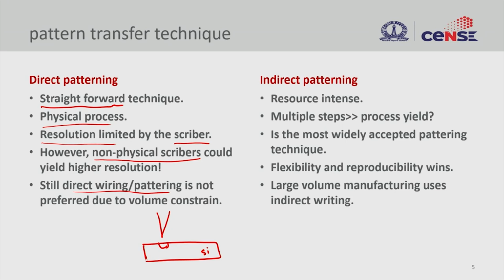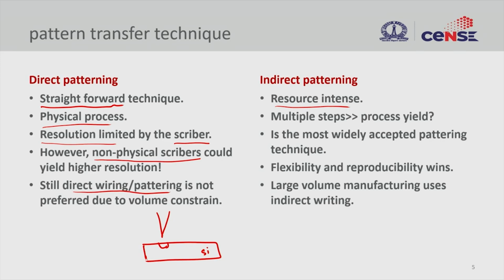On the other hand, indirect patterning is a resource intense process, right? This is because direct patterning just used a scriber, right? In indirect patterning, you need to have this intermediate layer, and you need an exposure, you need some optical or electron beam, and then you have to remove this exposed part, and then you go for the subsequent etching process, and then you have to remove this intermediate layer also, right?